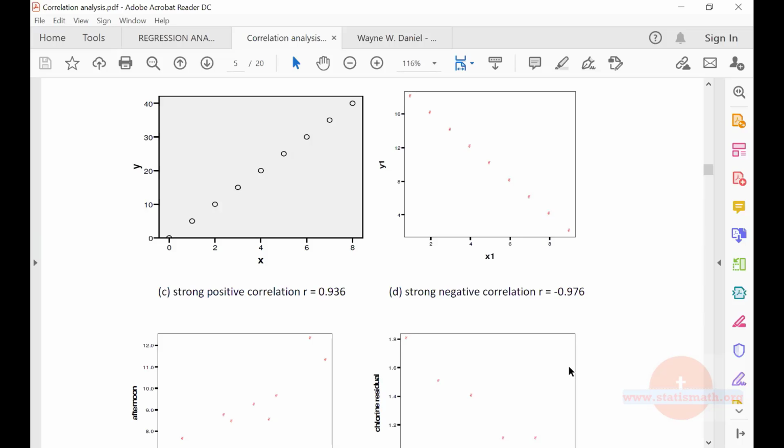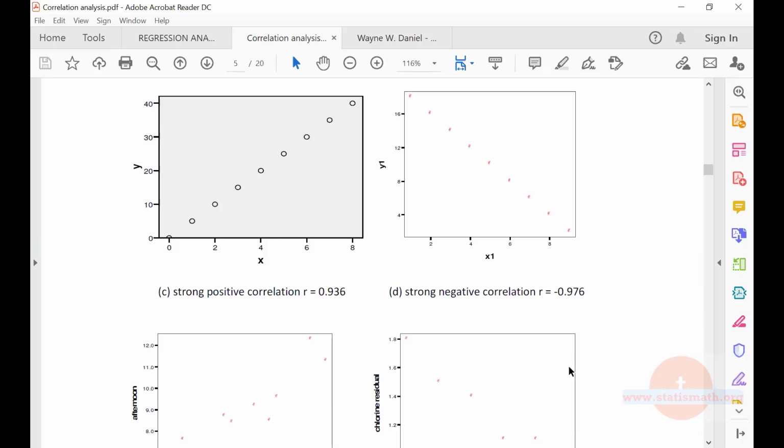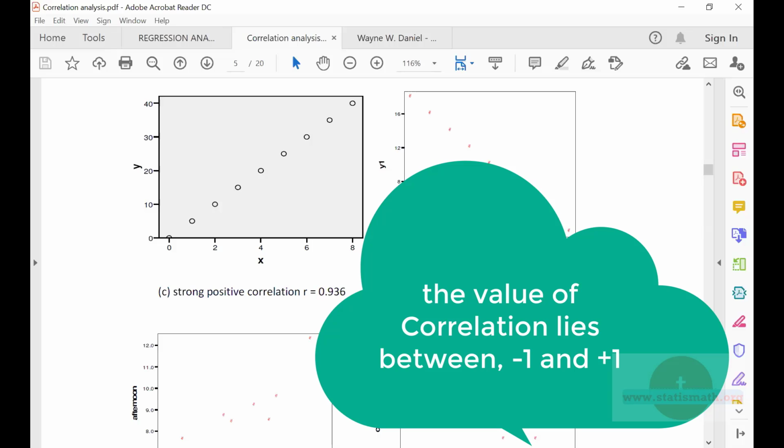Remember that the value of the correlation always lies between -1 and +1. That is the limit. Like I said, probability always lies between 0 and 1, and skewness lies between -3 and +3. Similarly, the correlation coefficient always lies between -1 and +1.